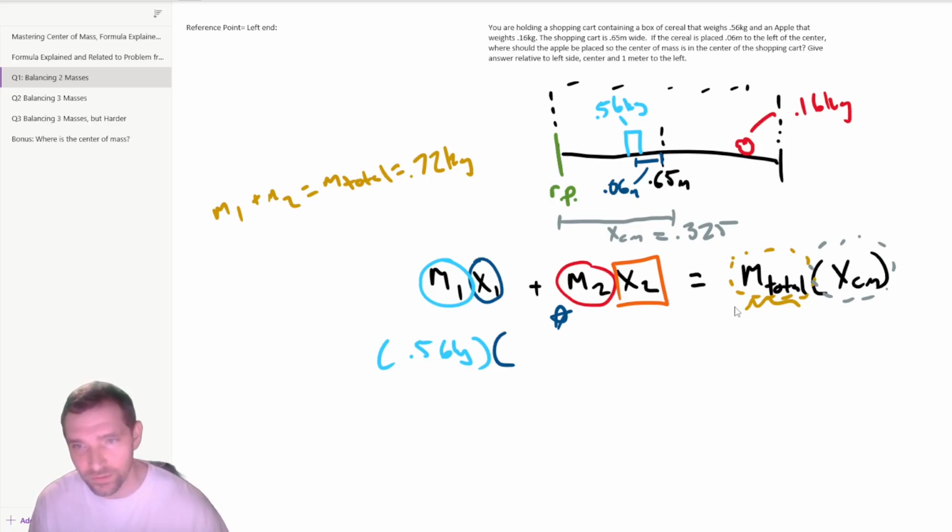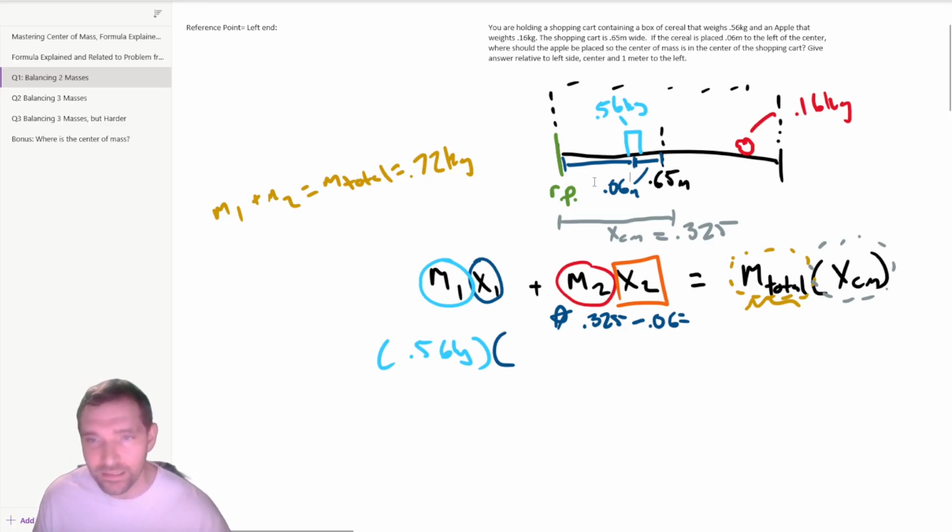So we want to do 0.325 minus 0.06, if we want to have this be relative to our reference point. So we actually are more interested in this number, not this. So I'm going to just change that color real quick just to clarify that.